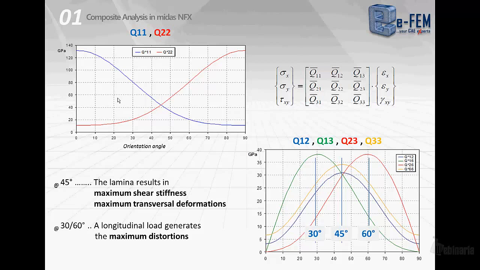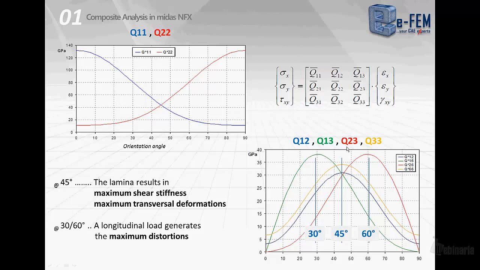If we plot then the terms Q12 and Q33, we will see that we have a maximum at 45 degrees of orientation. This means that the lamina results in a maximum shear stiffness when fibers are oriented at 45 degrees, and it also results in a maximum transversal deformation if we apply a longitudinal, so a direct stress along the x or y direction.